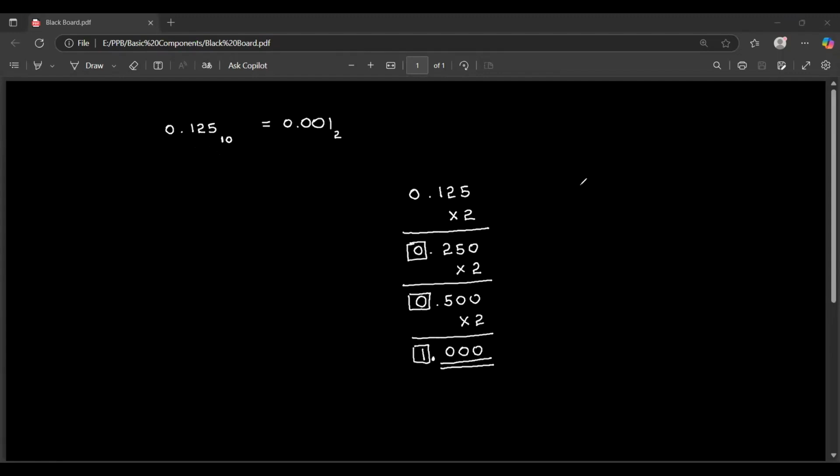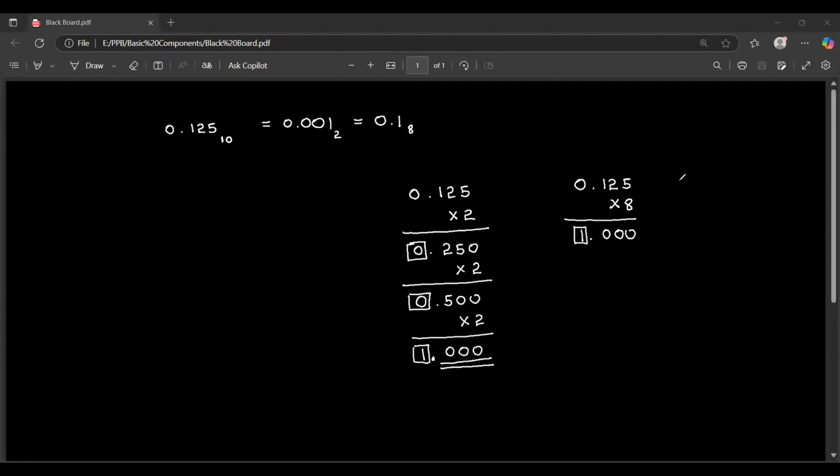What if you have to convert it to an octal number? Well, that's also easy. For 0.125, you have to multiply it by 8. If you multiply it by 8, you will get 1.000. You just have to write down this 1 here, so it will be equal to 0.1 to the base 8.